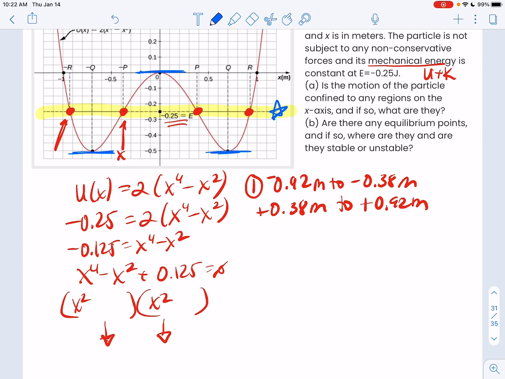So at points negative q and positive q, those are stable because they're in a valley. And then at 0, that would be unstable because that's like the top of the hill, so any force would push it down.